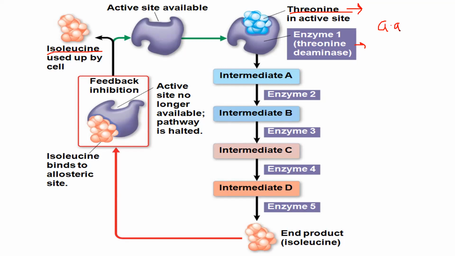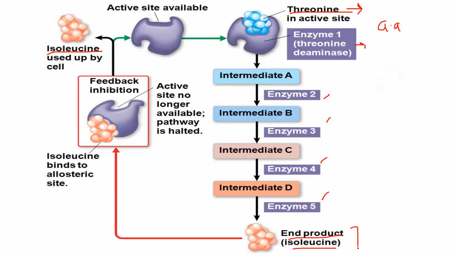Okay, so E. coli will synthesize isoleucine from threonine, for the E. coli to use. Okay, so the first enzyme binds to the threonine and causes a series of reactions to occur that involve several enzymes. Okay, before the end product is produced, which is the isoleucine.